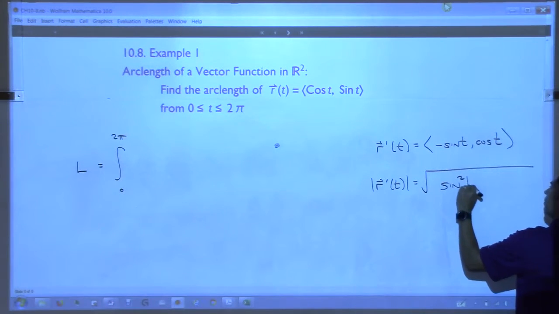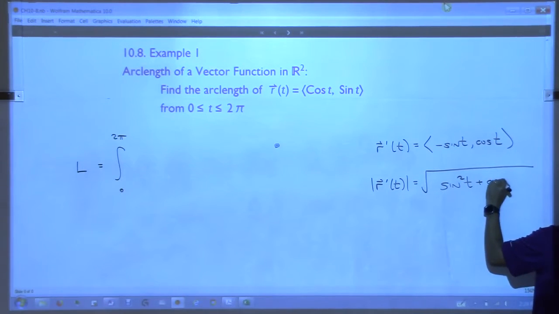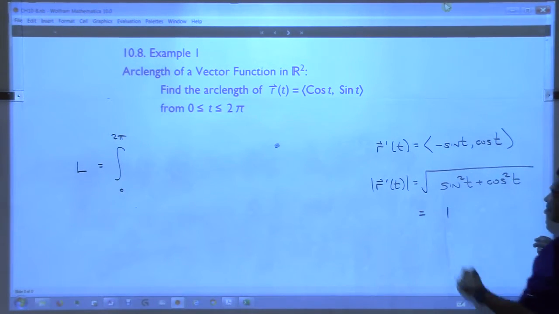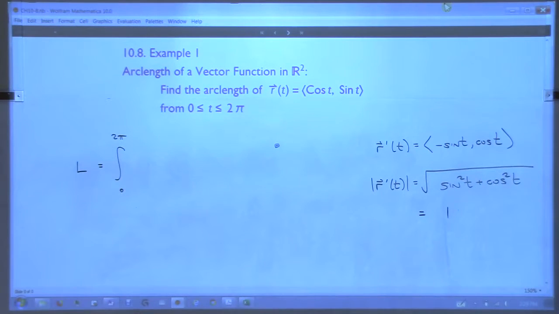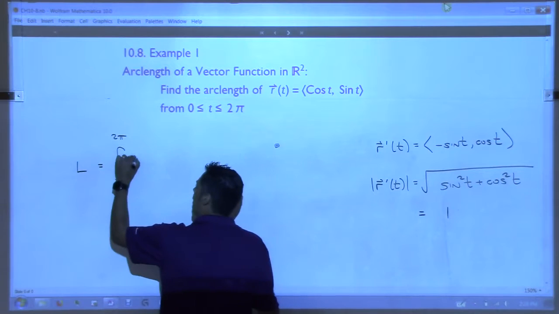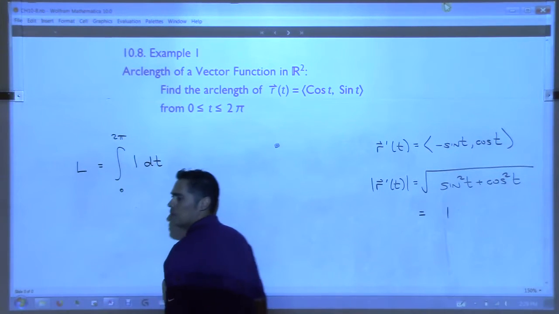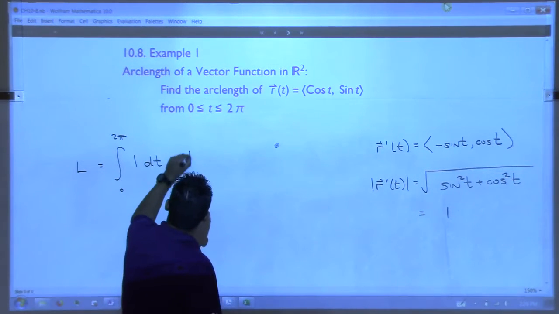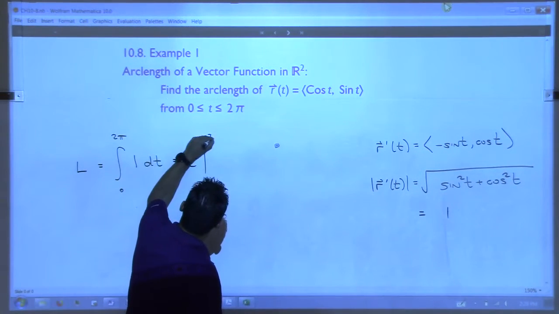Oh, check that out though. That's nice. This is just 1. So when we come over here, all we're doing is integrating 1 dt. And that's pretty clean, isn't it? It's just t, evaluated at these two endpoints, and you get 2 pi.